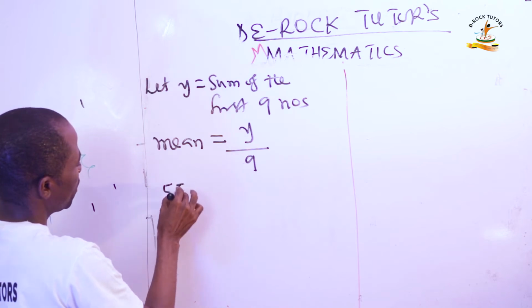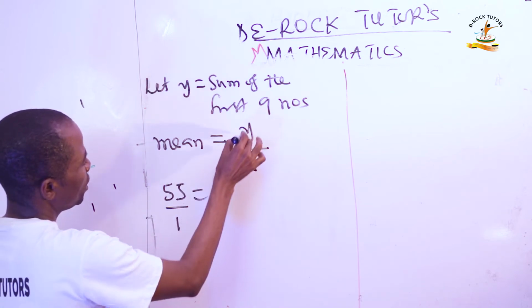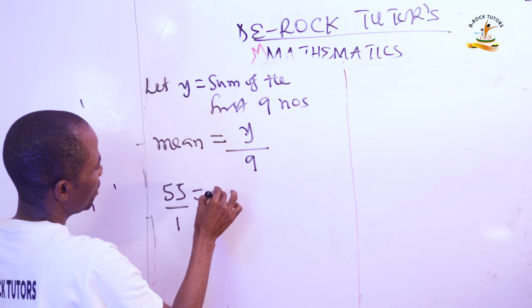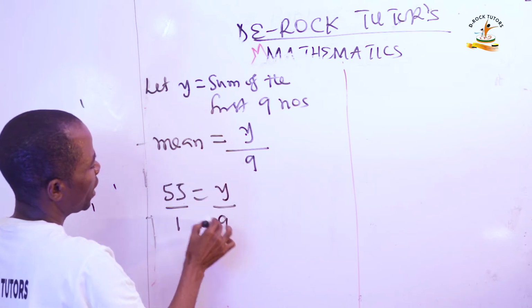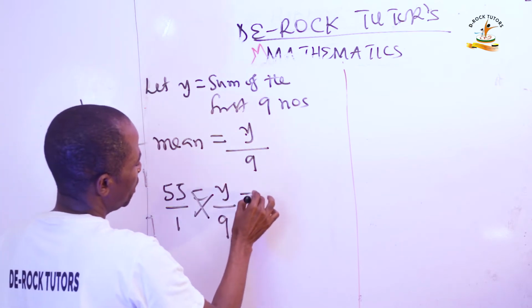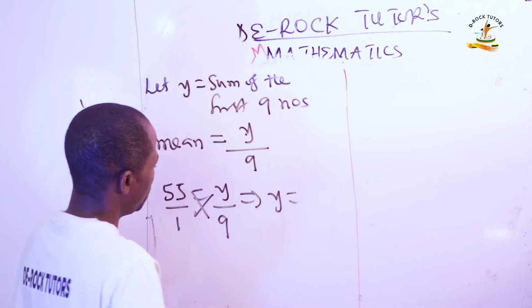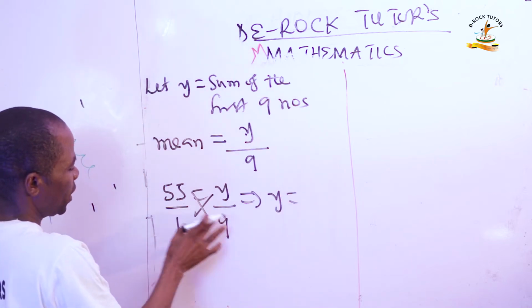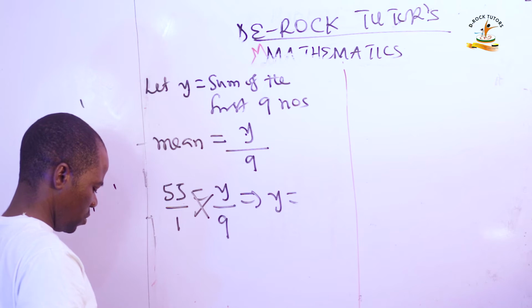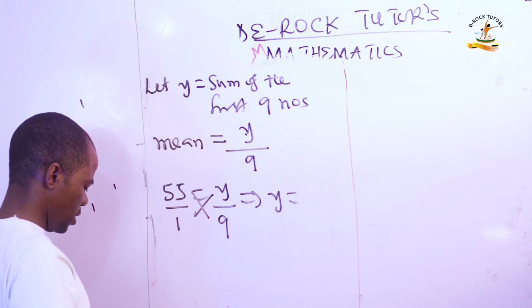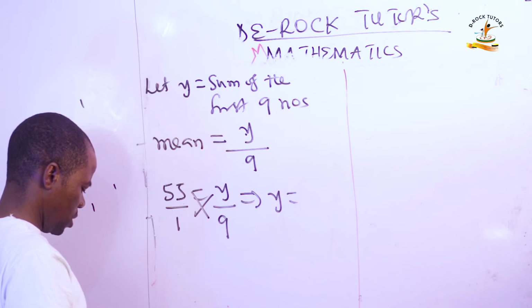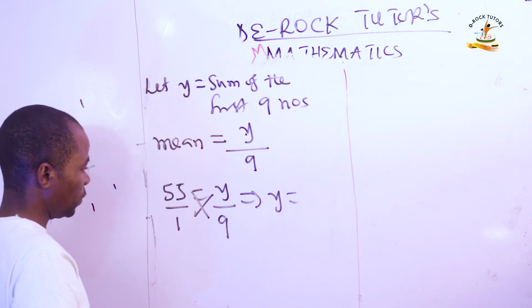So 55 over 1 is equal to y over 9. If you cross multiply, then we get y to be 55 times 9. That gives us 495.